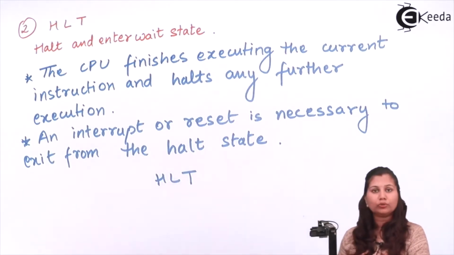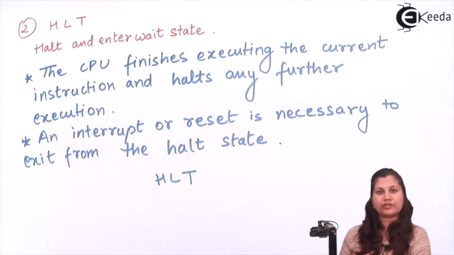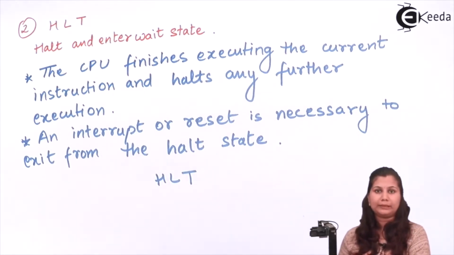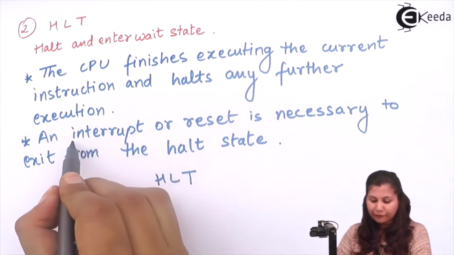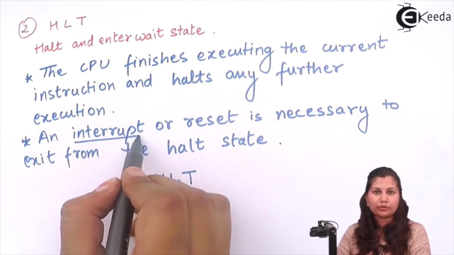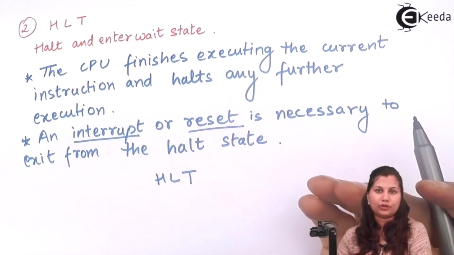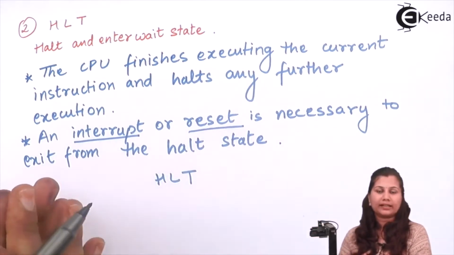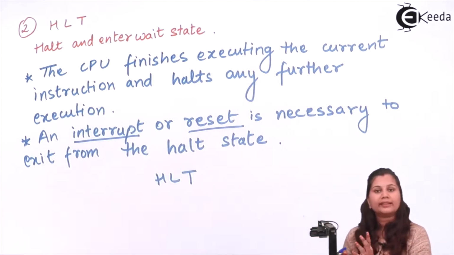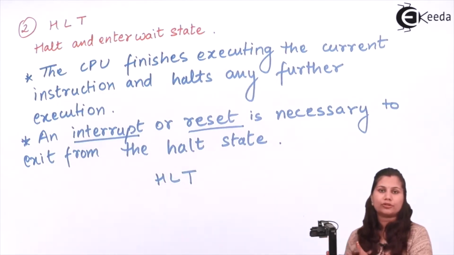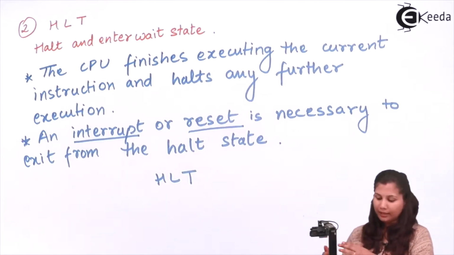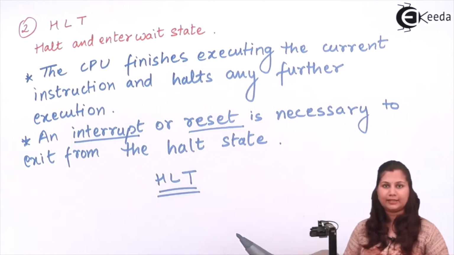And if we want to reset or bring the microprocessor into its initial condition so that another program or any other instruction can be executed, then we have to either give an interrupt to the microprocessor or reset the microprocessor chip. Once it comes to its initial condition, further execution of instructions can be done after this HLT instruction.